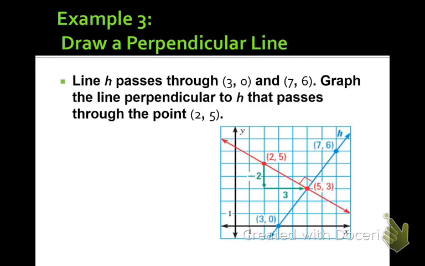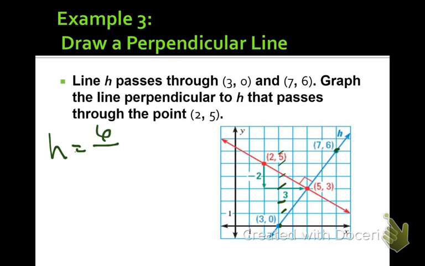If I want a line perpendicular to line H, then it would be helpful if we had line H's slope. So line H has the slope of, use the formula if you'd like, I'm going to count rise over run. You have to rise 1, 2, 3, 4, 5, 6, so positive 6.